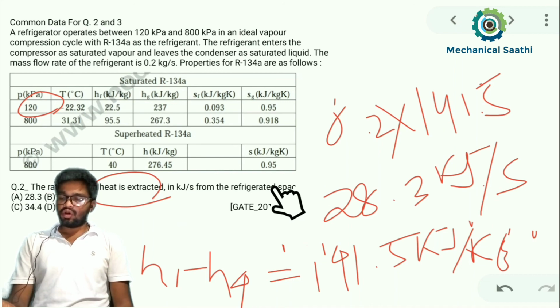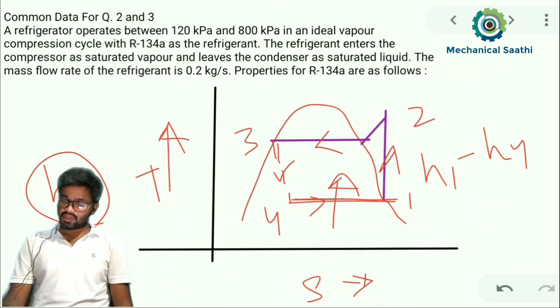If we see over here, the entropy at point 1 will be equal to the entropy at point 2. Entropy at point 1 is given to us as 0.95, so let us see that in the properties.